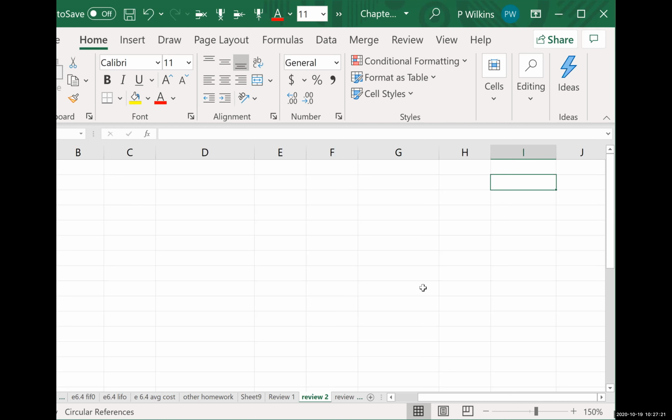So they gave us the number that we need. So we are going to debit supplies expense, $8,300, and we're going to credit supplies, $8,300.